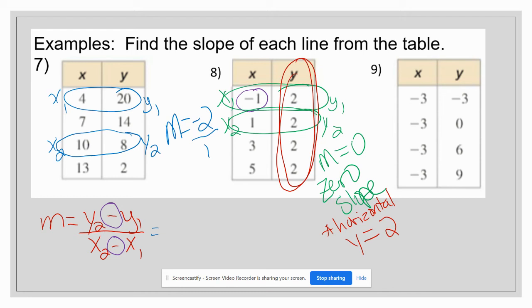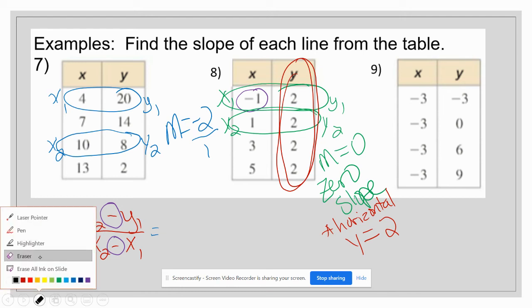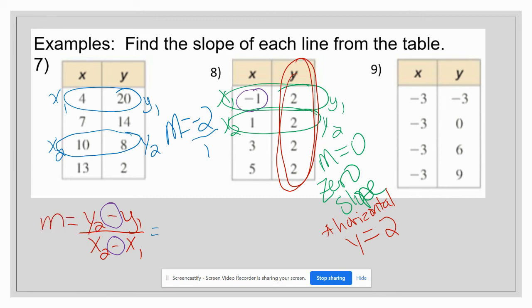Let's take a look at this last table. On this last table, I'm going to change colors here. Again, we can pick any two that we want. So maybe I want to pick the last one and the first one. I'm going to put my labels on. Now, you don't have to label this every time. I just do because I like to visually see it to plop it into my equation.